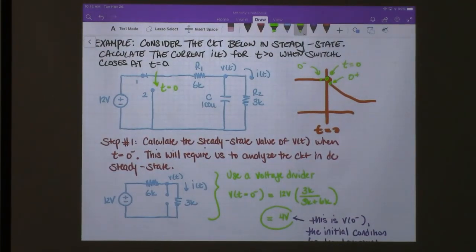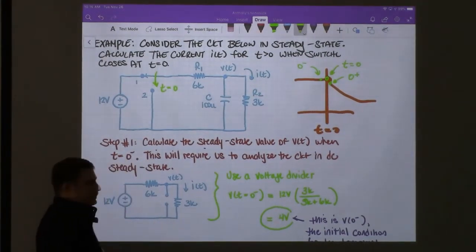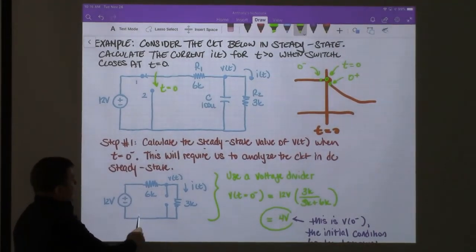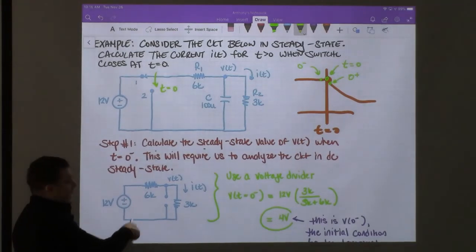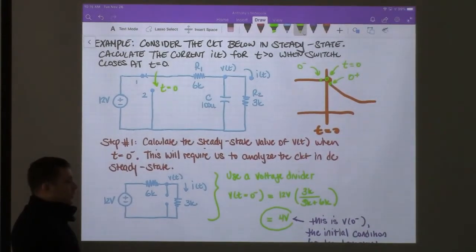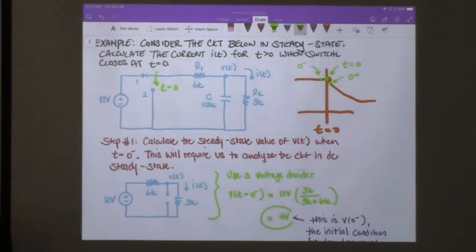All right, so it's represented as an open circuit. So you can see we replace this capacitor with an open circuit. The switch position is 1, meaning that this additional little mini branch here doesn't need to be represented. So we have a DC source, and we have 2 resistors, and we have the capacitor, which doesn't play any role.